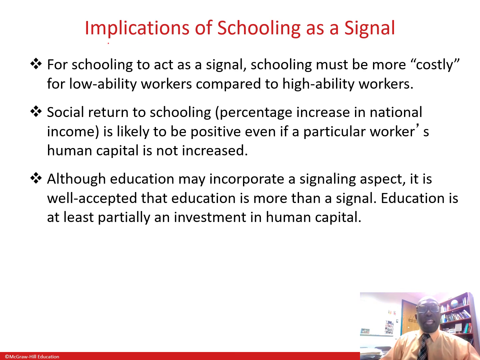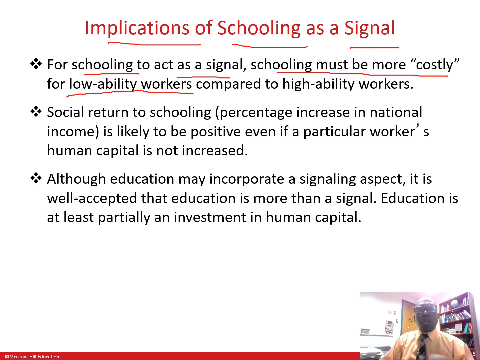Finally, what are the implications of schooling as a signal? There are three main conclusions we can draw from schooling as a signal. The first one: for schooling to act as a signal, school must be more costly for low ability workers compared to high ability workers.